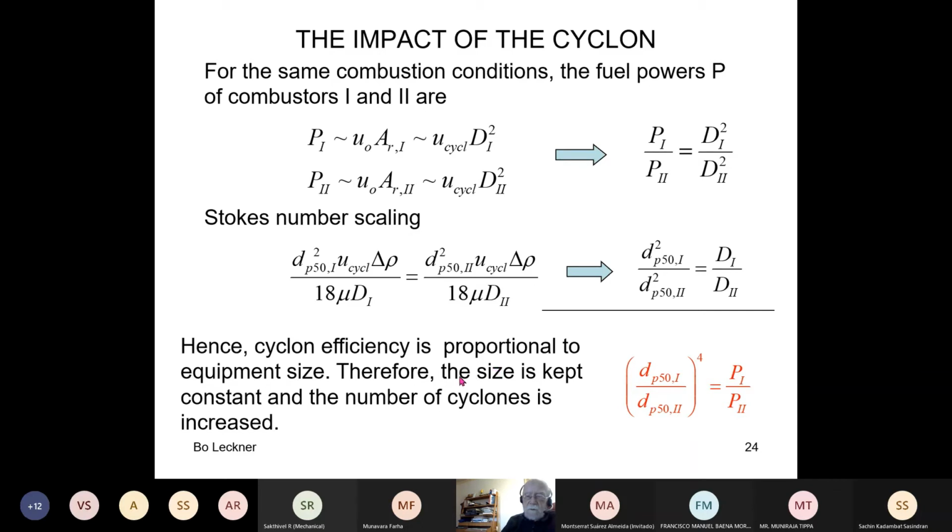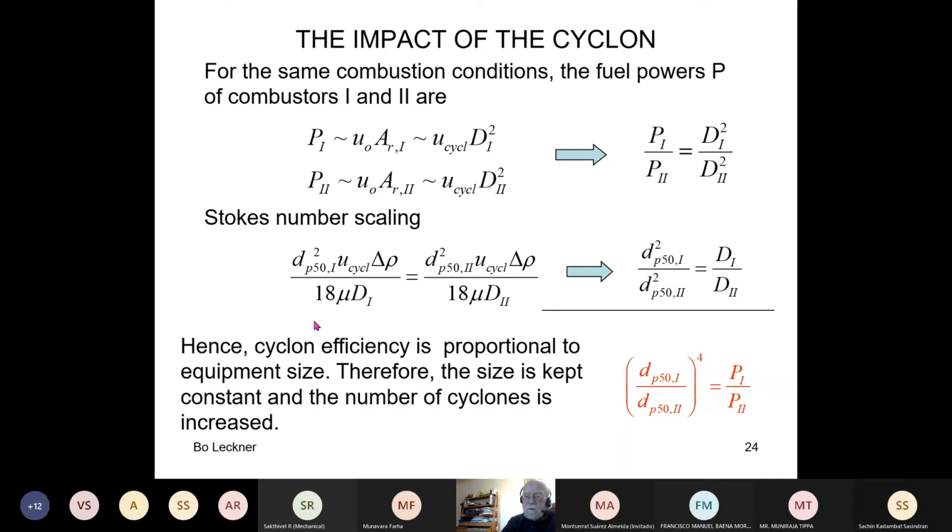The conclusion can be given, and I have said this before, that in the boiler, when you have different powers of the boiler, different amounts of air, of gas, and the area is different, the barrel of the cyclone is affected also, and because it has to swallow this flow of gas with a certain typical velocity, it has to be scaled up according to the power of the boiler, and then it becomes very large, too large to be efficient.